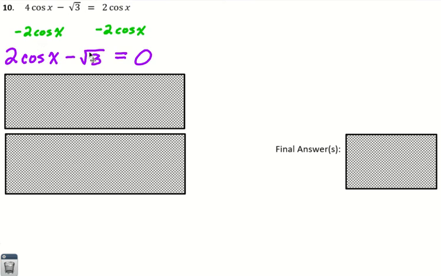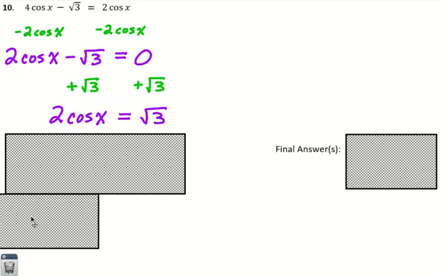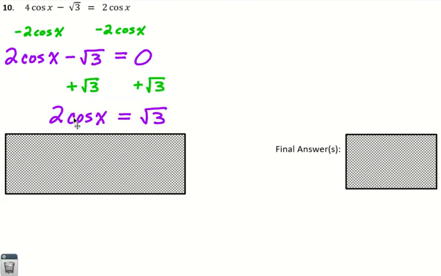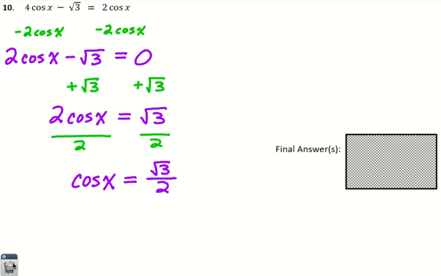Minus root 3 comes down, and now we're one step closer to getting cosine of x by itself. But now we have to add root 3 to the other side. And then what's our final move to get cosine of x alone? Divide both sides by 2.